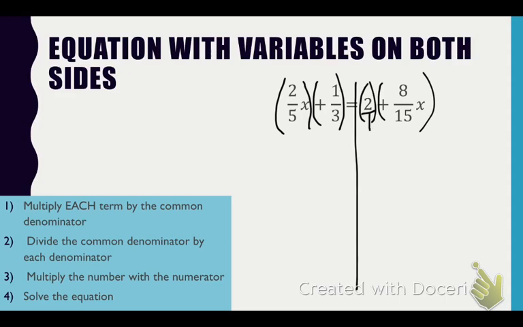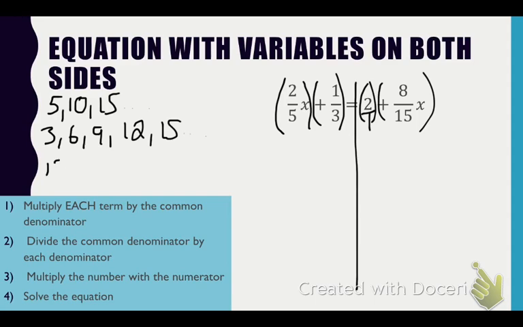To do this, if you have a hard time finding the common denominator, you can write multiples of every number. So I would start with 5, 10, 15, and so on, and then I go 3, 6, 9, 12, 15. Okay, well that matches. Obviously 1's going to match with 15, and then 15 matches with 15.